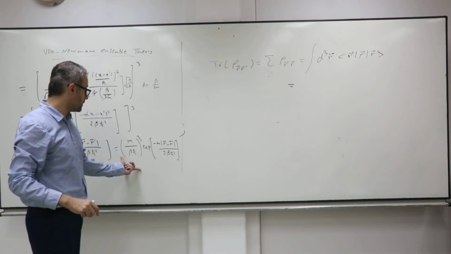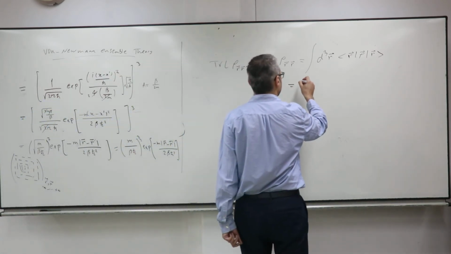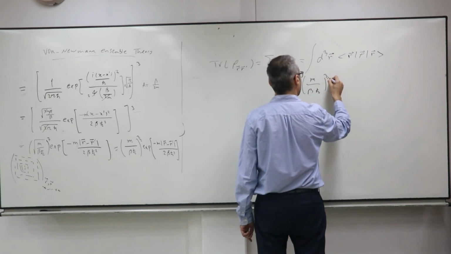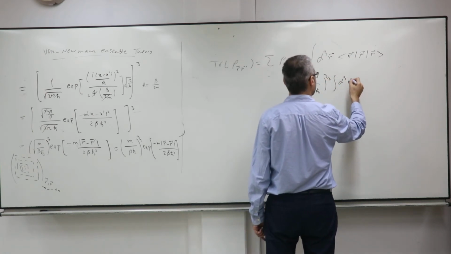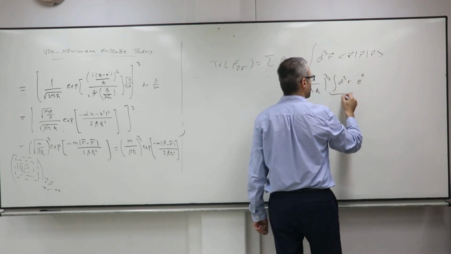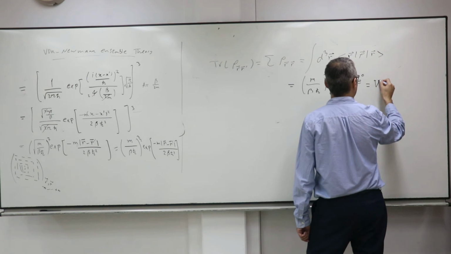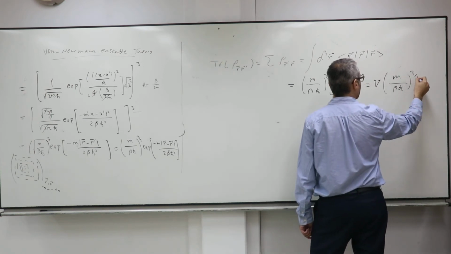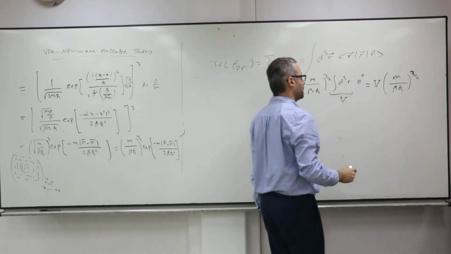Exponential of 0 is 1. So it remains just this factor. What is that cubic exponential? What is this? This is the volume of the system. Okay, so this is the trace.